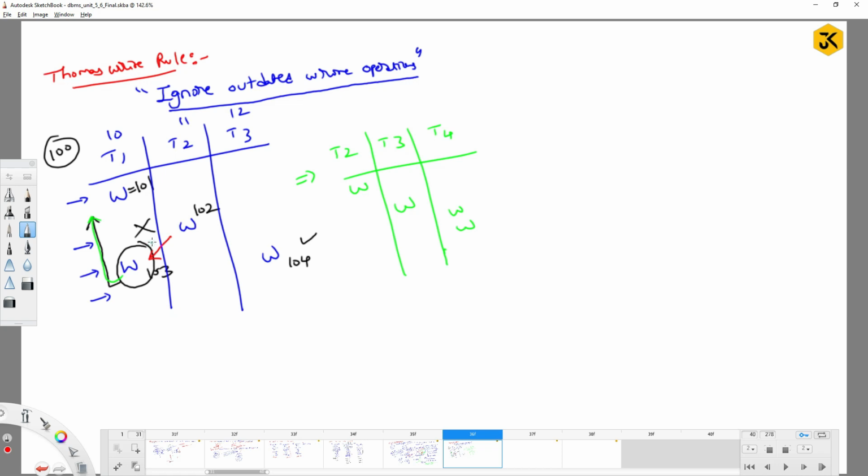Whether this particular transaction is rolled back or not, what might be the final answer? 104, right? If I simply ignore this transaction, I am not going to execute anything. Simply update by 101, update by 102, then update by 104. My final solution is again 104 only, right? Even if I perform the rollback also. So this is the Thomas Write rule.